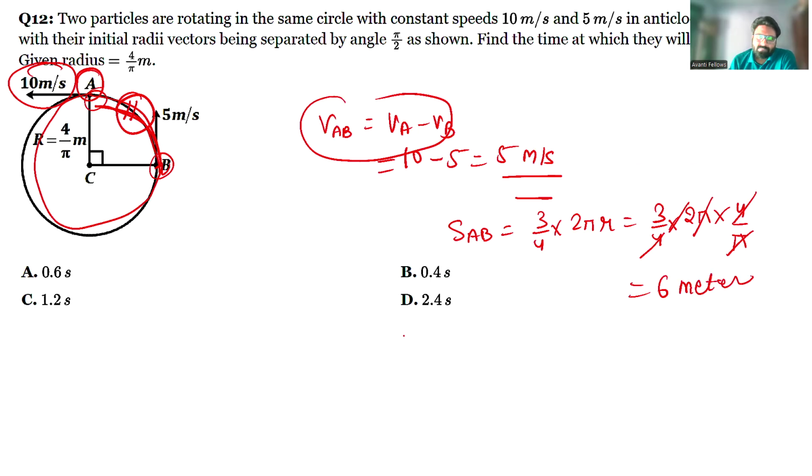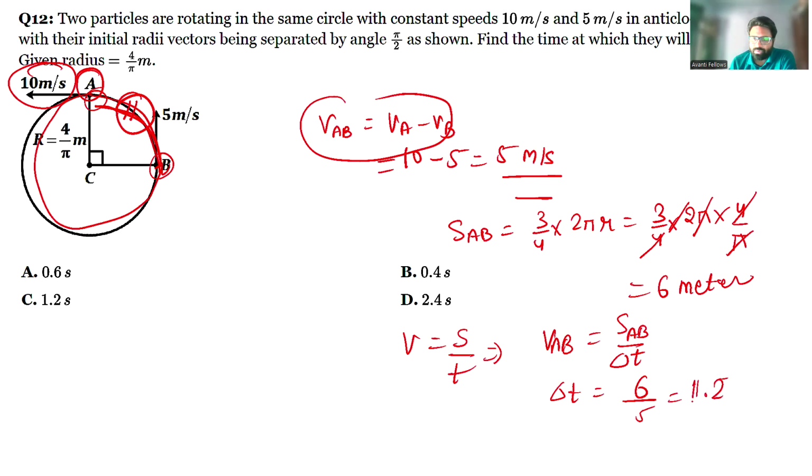Now, V is equal to S upon T. So VAB is equal to SAB upon delta T. Now delta T will be SAB, the value is 6, upon VAB, which is nothing but 5. So it is coming out to be 1.2 second. Option C is the correct one.